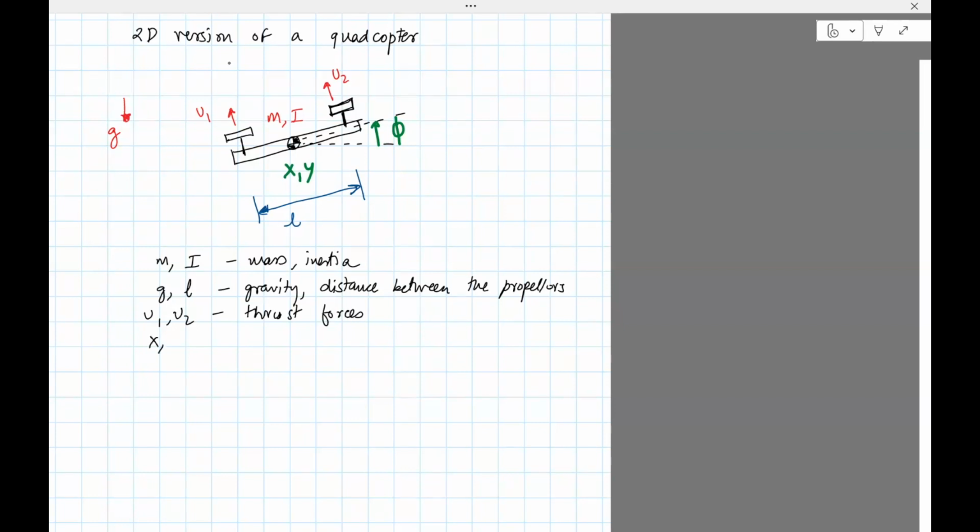And we have x, y, phi, which are the degrees of freedom. In other words, these are the things you need in order to describe the motion of the bicopter.